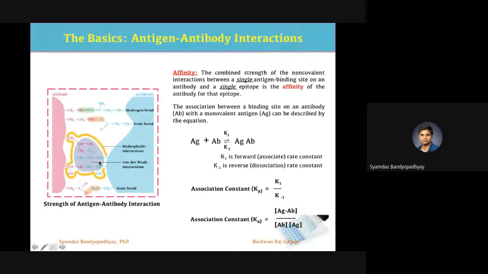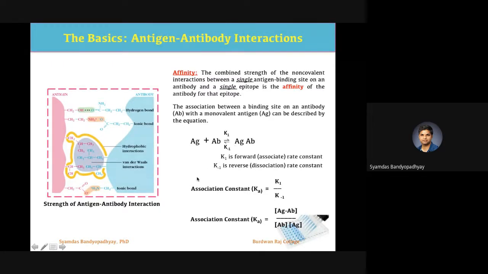Now if you see the chemistry of the interaction, the antigen combines with the antibody and forms the antigen-antibody complex. K1 is the forward rate constant and K-1 is the reverse rate constant, as given conventionally.